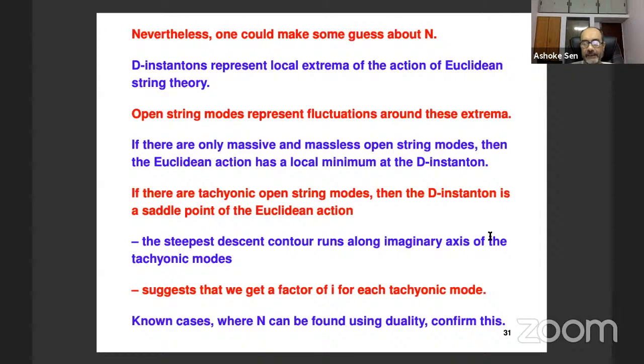So even though we cannot calculate n, we can conclude that for every tachyonic mode, n should get a factor of i. And indeed, in all known cases where n can be found using duality, either in type 2B theory or in two-dimensional bosonic string theory, it confirms this, that if there are tachyons, then every tachyon contributes i.